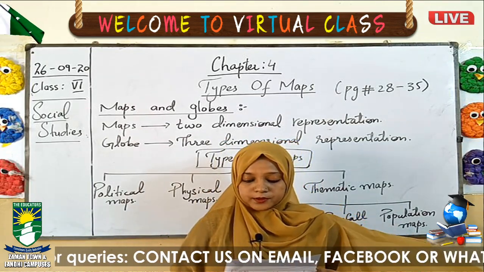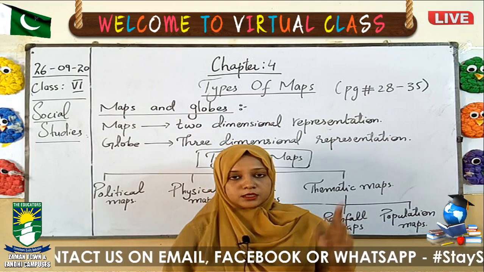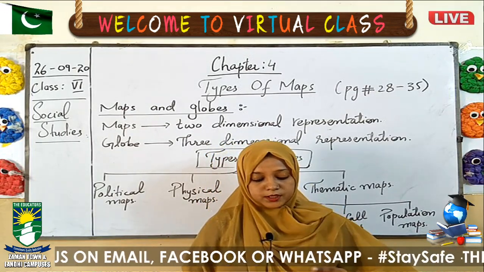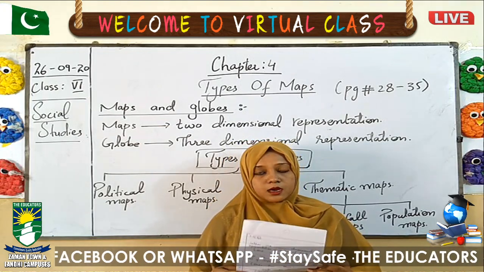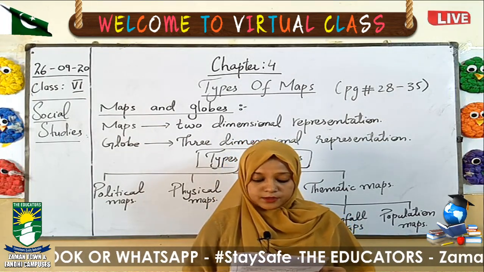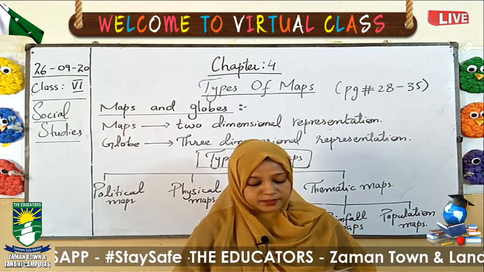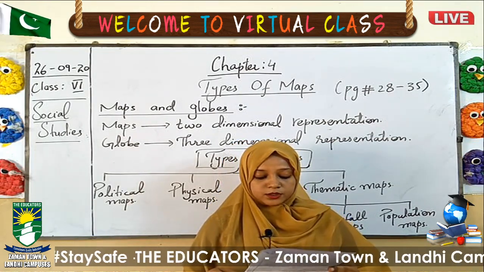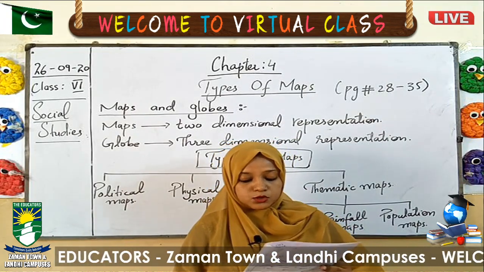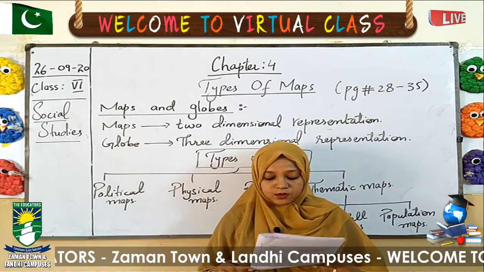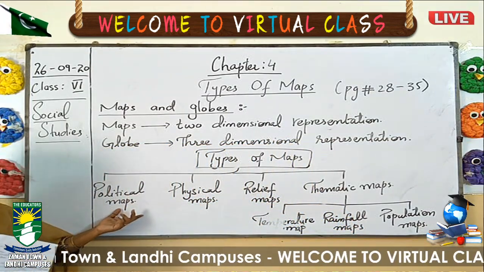Write the difference between a physical and a political map. Just write down only one main difference. Question number 4. What are relief maps? Write down the definition of relief maps. Question 5. What are thematic maps? Then question number 6. Complete the following flowchart. The flowchart has been given to you, related to the types of maps, and you can take help from the lecture as well.